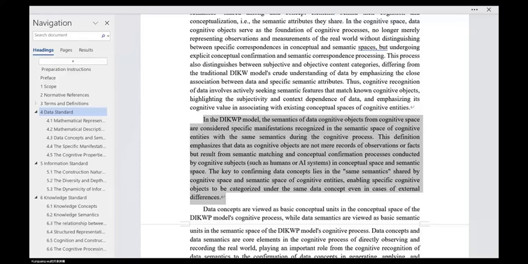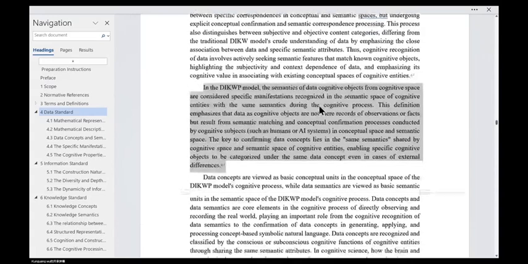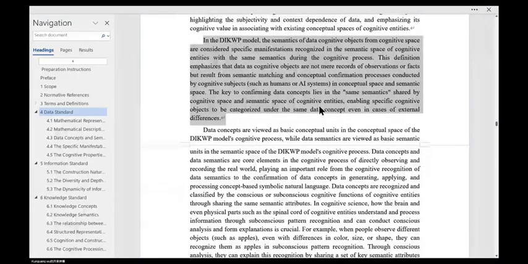Therefore, I suggest in the end of each paragraph, it's better to add one example to let readers understand what you are saying easily.